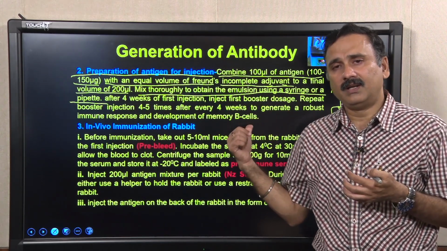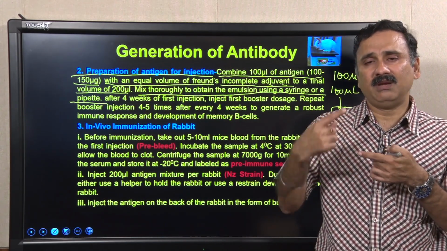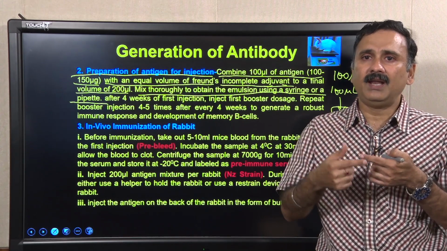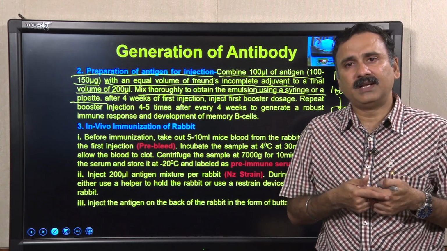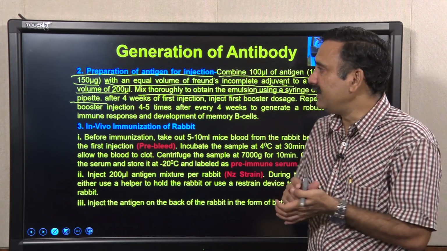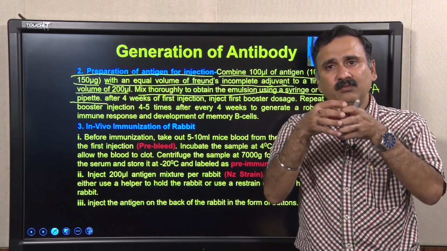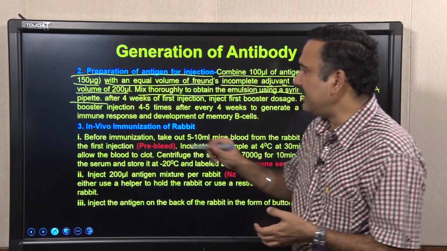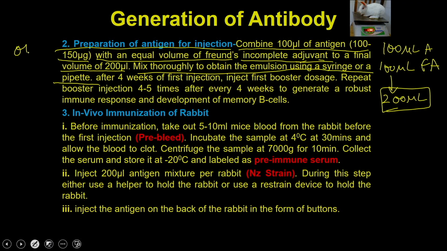Since you are making an emulsion where the oil and the water mix together, the antigen is going to be trapped in small vesicles. When you take the oil and mix it with the water, it makes an emulsion where your antigen is trapped within.